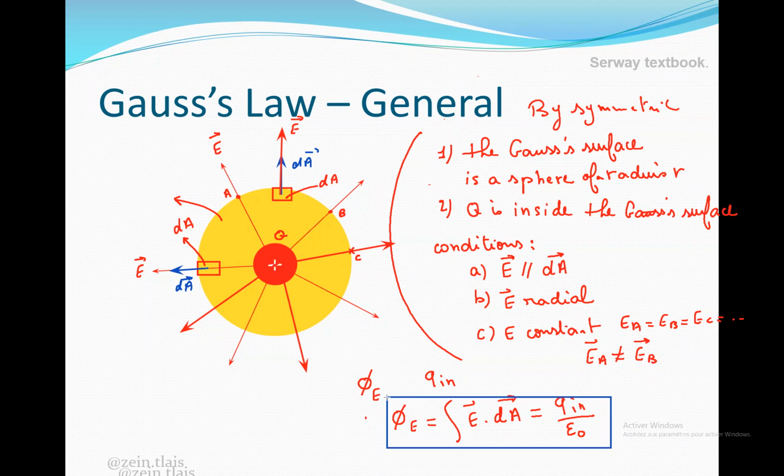It's important to understand each point, the meaning of each term. Here we have the first part, this one, and the second part, Qn and epsilon. Flux equals the integral of E dot dA.